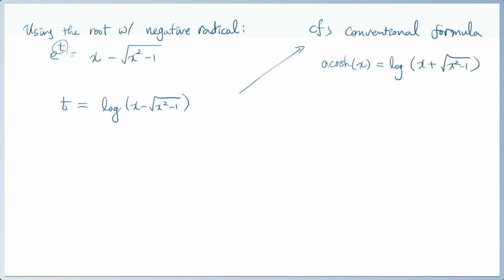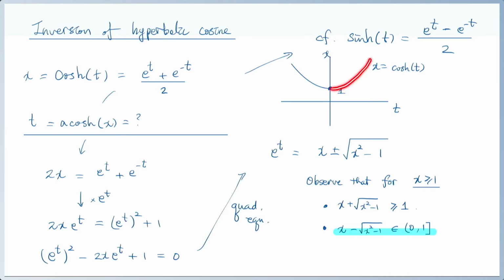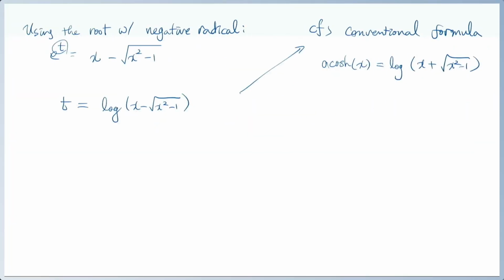And you now know clearly where this is coming from. This is coming from inverting this branch of the cosh curve, and that's what the textbook uses, but this is the part that we are interested in for this particular problem. So that's why we are seeing a slightly different formula here.